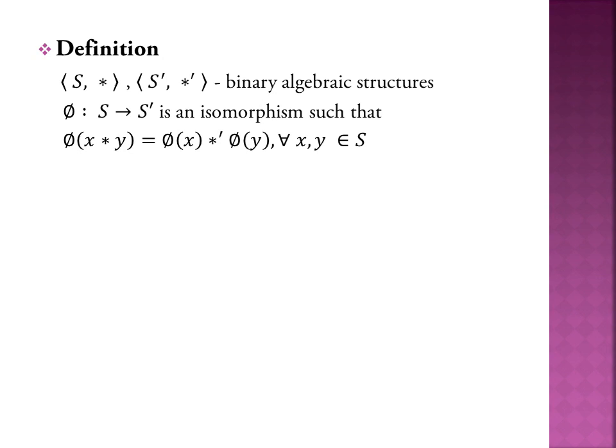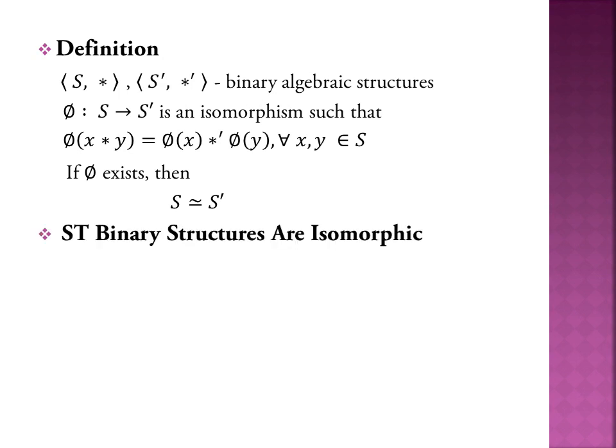If such a map phi exists, then S and S' are isomorphic binary structures, which we denote by S isomorphic to S'. Now we have a problem: how to show that binary structures are isomorphic.